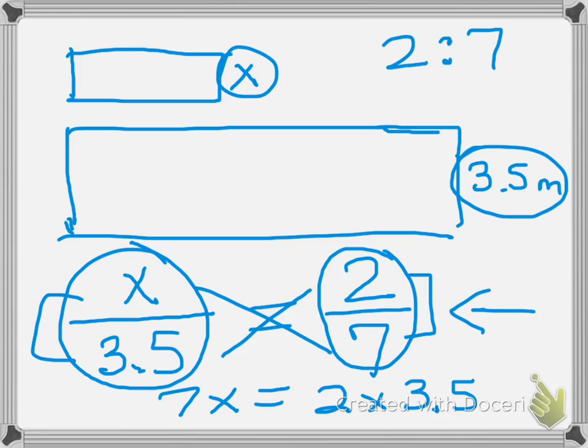Just be sure that when you make the ratio, you write it down properly, and that you're writing down corresponding sides. In other words, in this problem, the corresponding sides were this side and this side. Okay? So you could write X is to 3.5 as 2 is to 7. Alright? So do the problems on page 70 using that method.